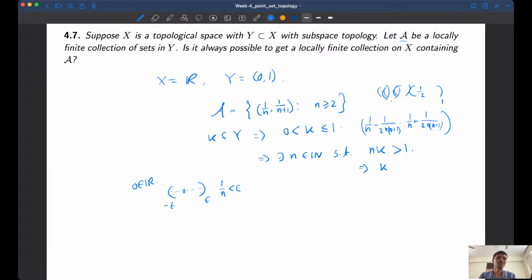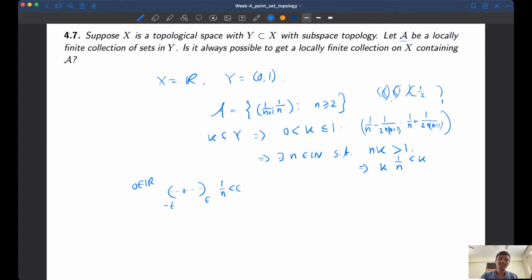But in the Y case it is, because 0 is not there. So for anything greater than 0 you can always have a number k such that k is greater than 1 by n. So k lies on the left. Okay, so I miswrote this thing. This is n plus 1 comma n. So there exists something which lies outside of this.